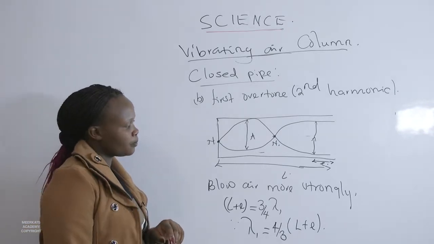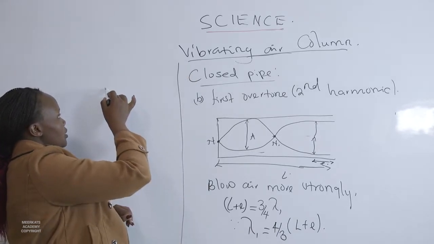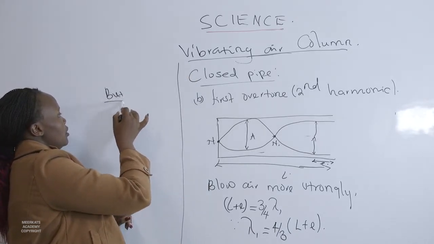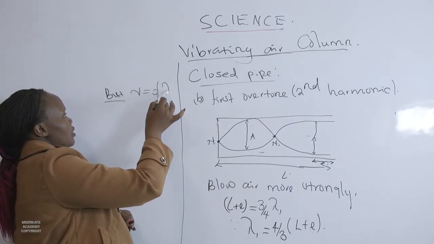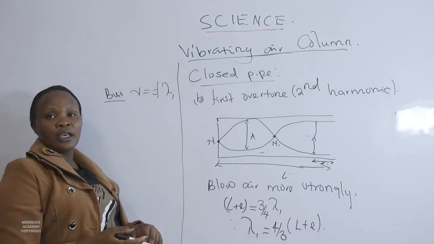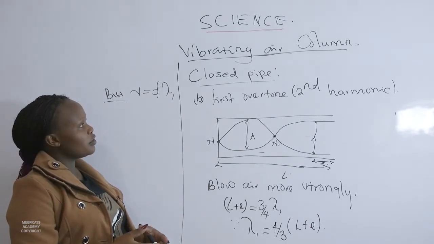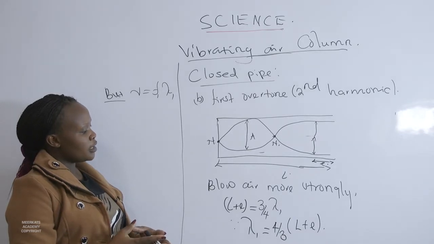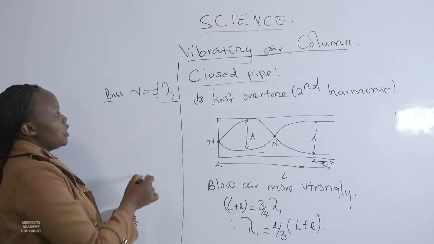Now, we know V will be a factor of the frequency and the wavelength of this first overtone, and therefore we can put in the value.